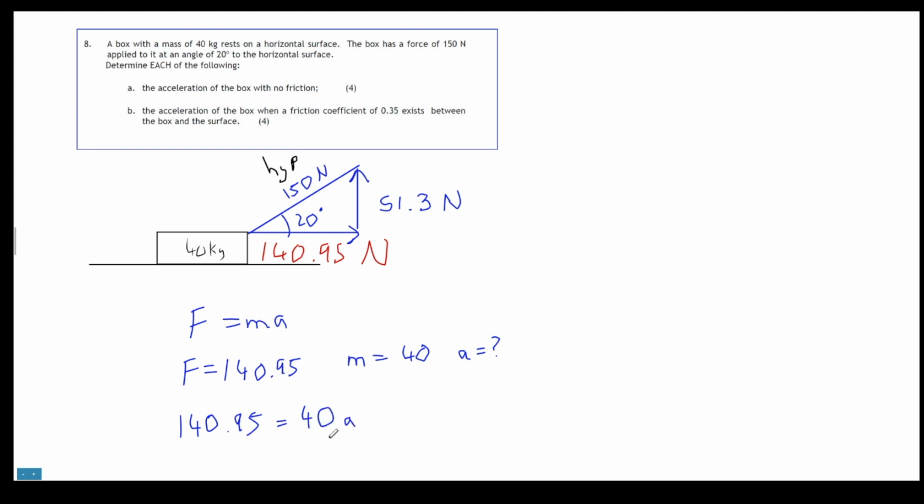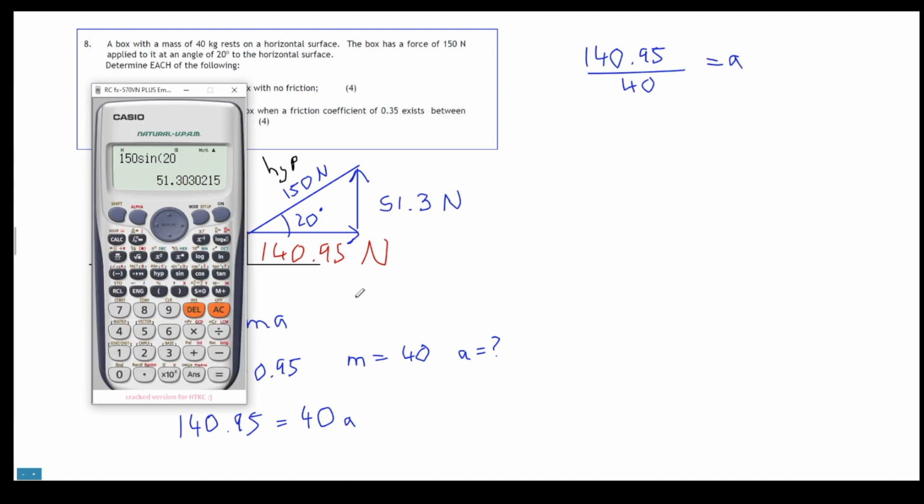That's pretty easy to solve. We can just divide both sides by 40. That'll end up with 140.95 divided by 40 is equal to the acceleration. Let's have a look at that. 140.95 divided by 40 is equal to 3.52375.